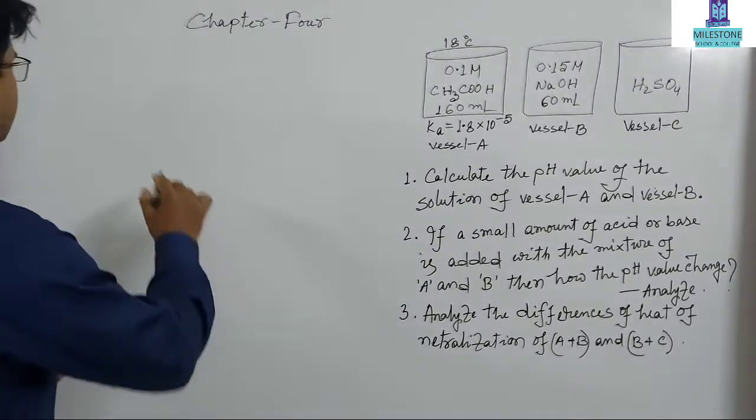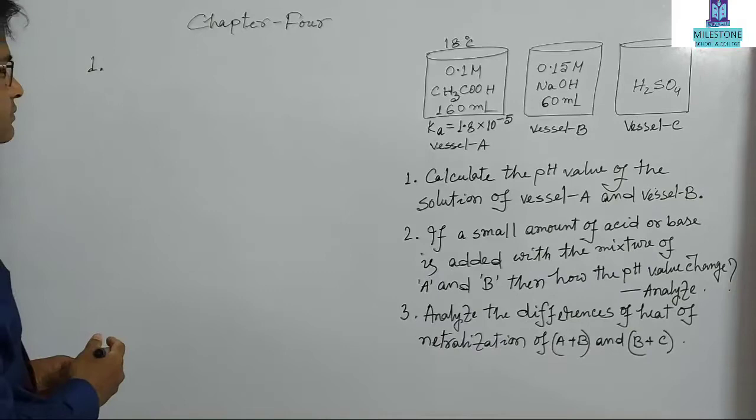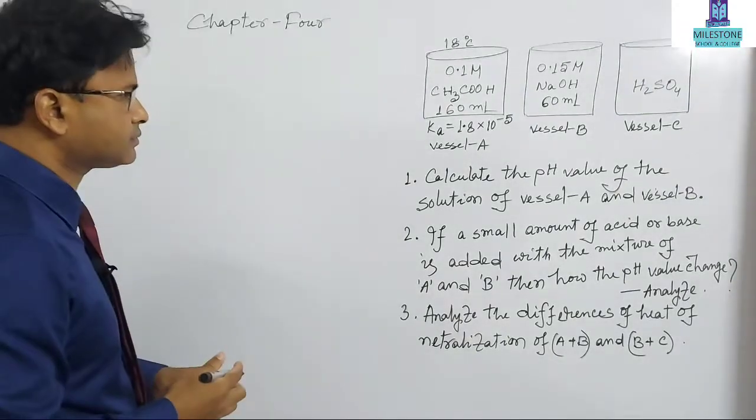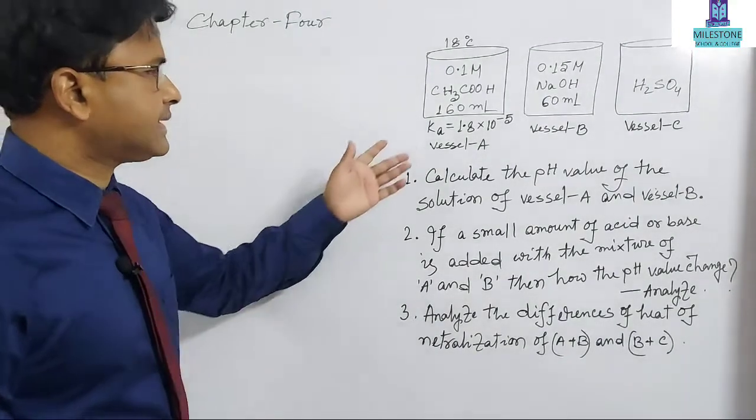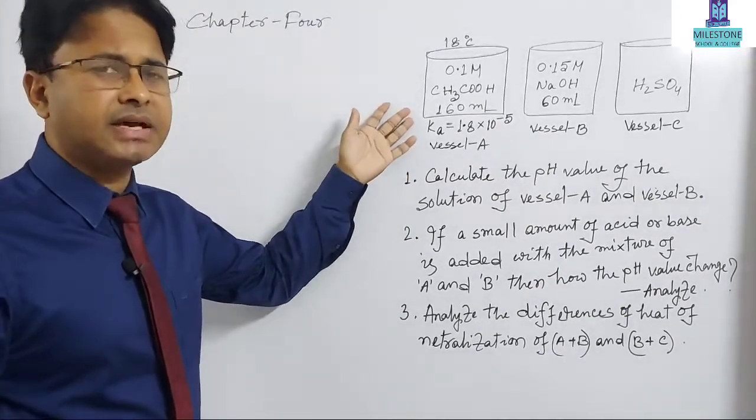So come to the point. Question number 1. Students, you can understand easily: ethanoic acid is a weak acid.